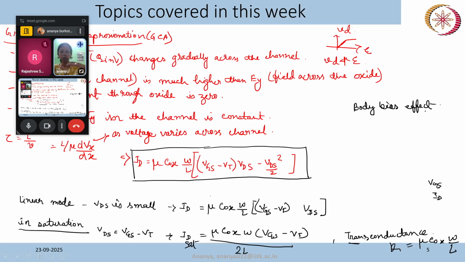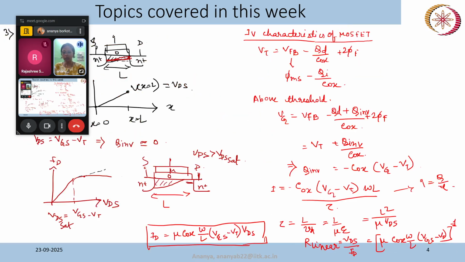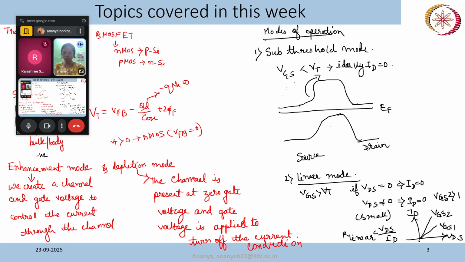Because of that body bias, we are applying a negative voltage that will obviously change the channel dynamics. Let's see what will happen. We are applying a negative voltage here in the body terminal.